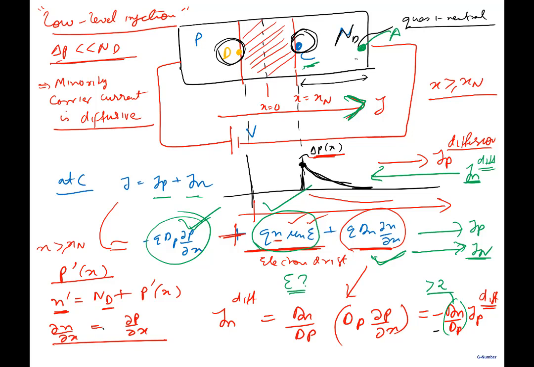So in that case, what can you write the current as? I'm again computing current at C. The current at C will be equal to the hole diffusion current plus the electron current.